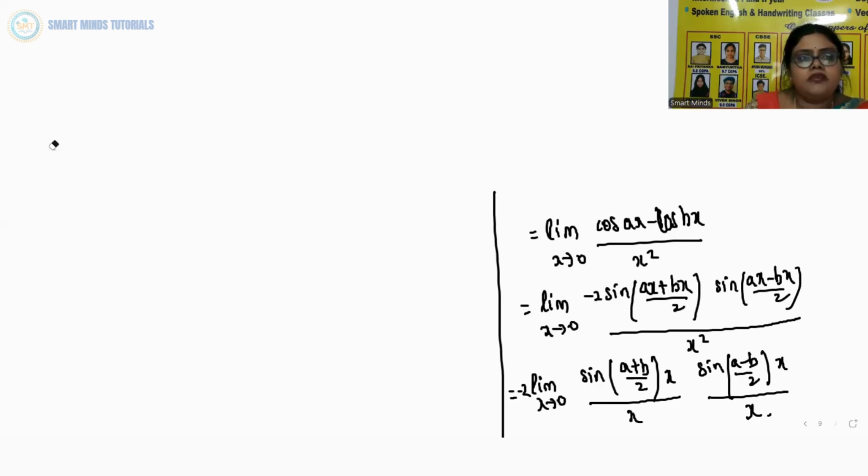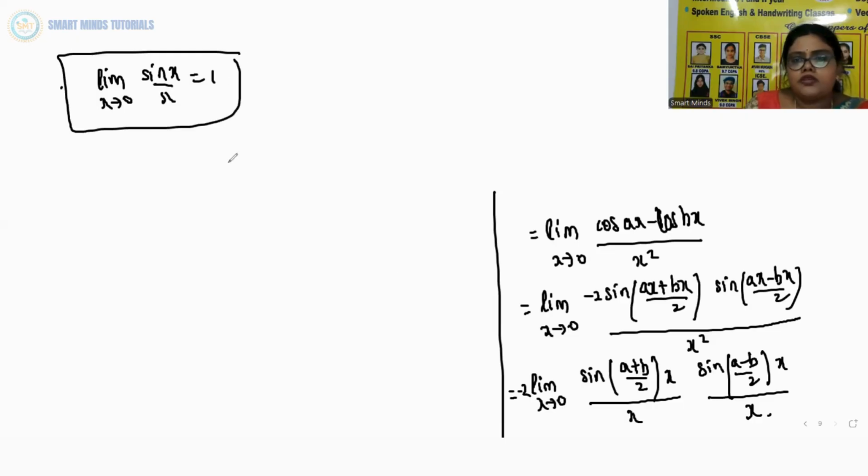So now you see we have to apply the standard limit here. So we know that limit x tends to 0, sin x by x is equal to 1. So here in the place of x you have (a plus b) by 2 into x. So in the denominator also you should have (a plus b) by 2 into x. But we don't have that part in the denominator.